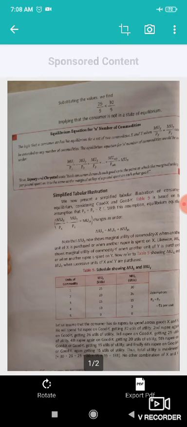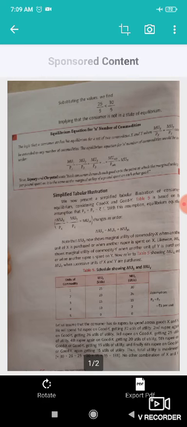The equilibrium equation for n number of commodities would be MU1 upon P1 is equal to MU2 upon P2 is equal to MU3 upon P3 is equal to MUn upon Pn. That means whatever commodities we are having, not only two commodities, the formula will work for all the commodities.